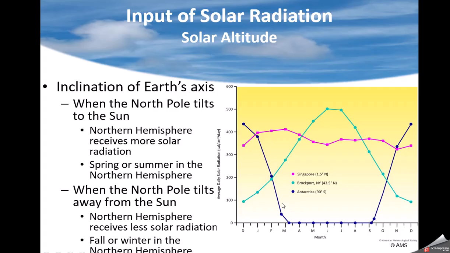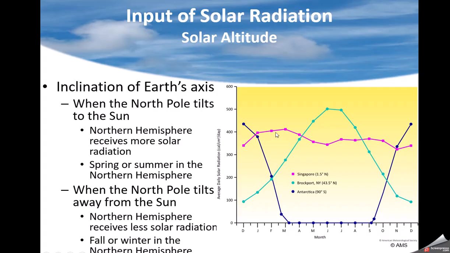Here's Antarctica. Notice in their winter, which is the opposite of ours, no radiation. However, notice in their summer, because they have a very long day, matter of fact, they have 24 hours of daylight, they get significantly more radiation.